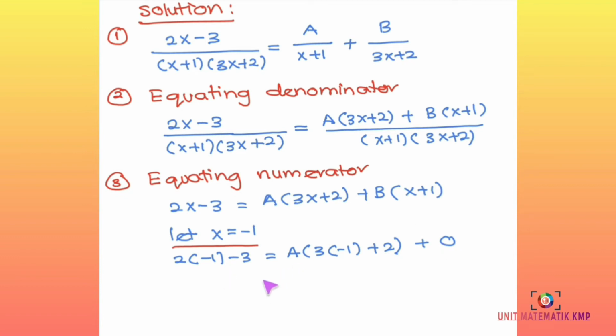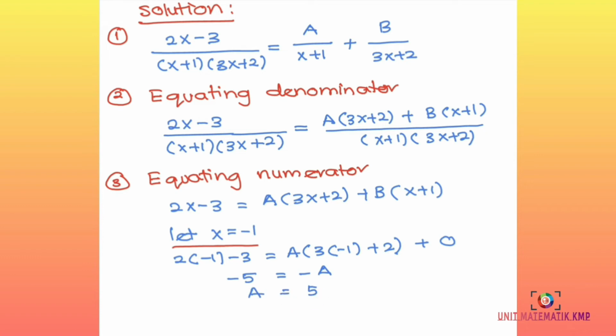So negative 2 minus 3 is negative 5, equal to negative 3 plus 2, which is negative A, right? So A is equal to 5.